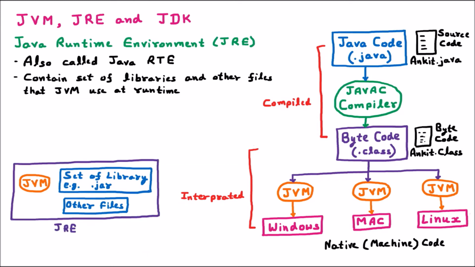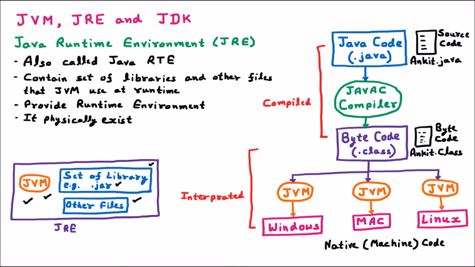So here JRE provides a set of libraries, which are the jar files, and some other files that help the JVM to work at runtime. So JRE provides the runtime environment. We know that JVM is a virtual machine which doesn't exist physically, but JRE exists physically.